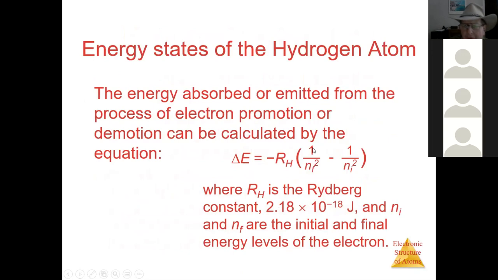Now, let's think about this. We're going from a higher orbital, so my initial number is going to be bigger than my final number. Is this portion of the equation, the 1 over nf squared minus 1 over ni squared, going to be positive or negative?